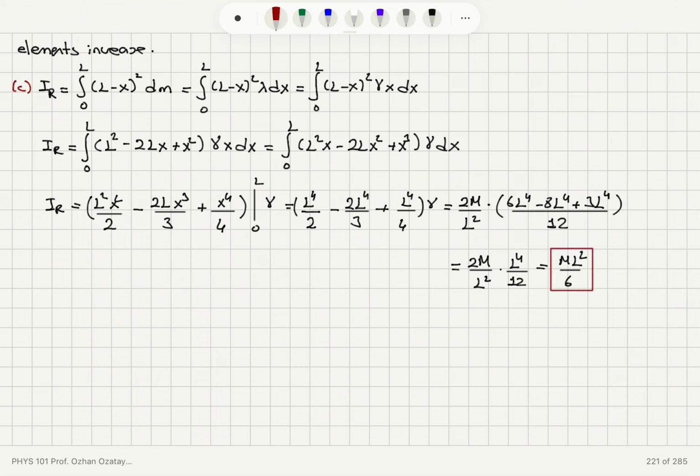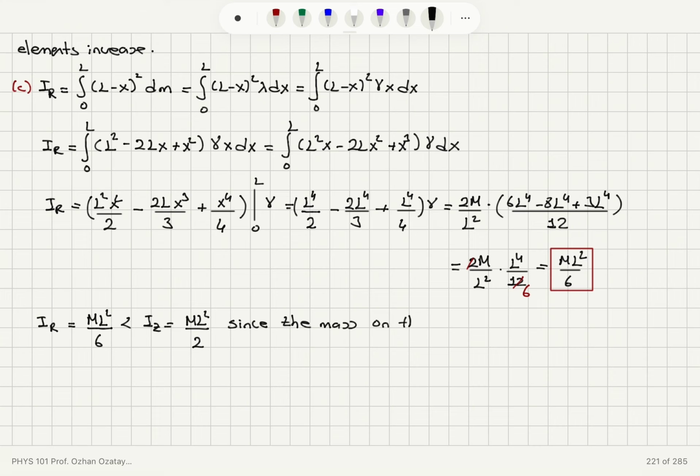So 2 will make this 12, 6. So this is our final answer. Now, I find that the moment of inertia for the right-hand side, rotation axis on the right-hand side, will be M L squared over 6, which will be less than the moment of inertia for the left-hand side, which is M L squared over 2.